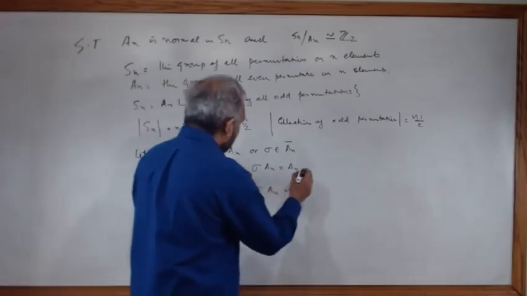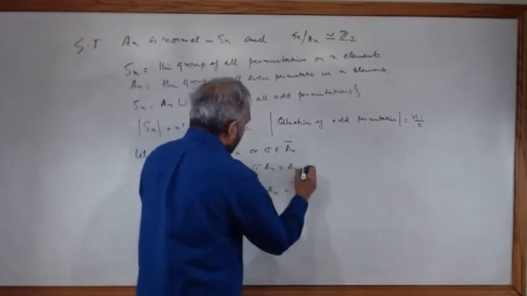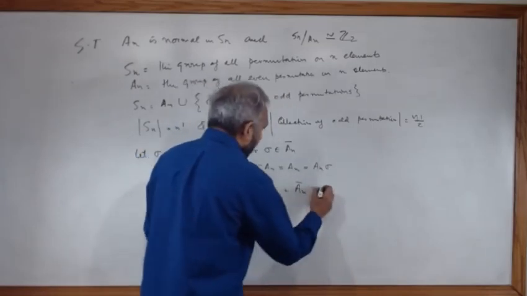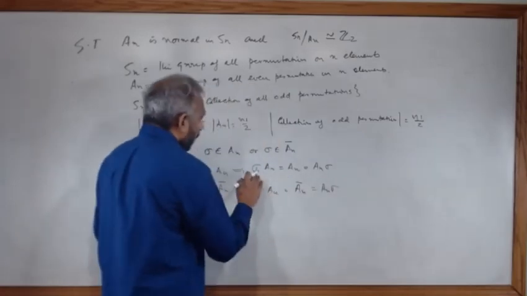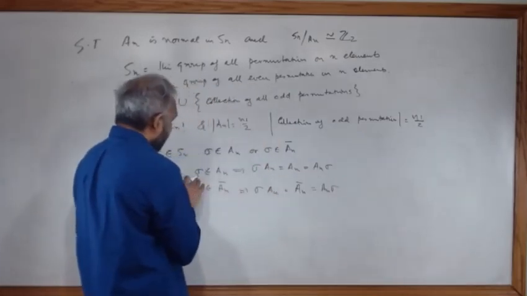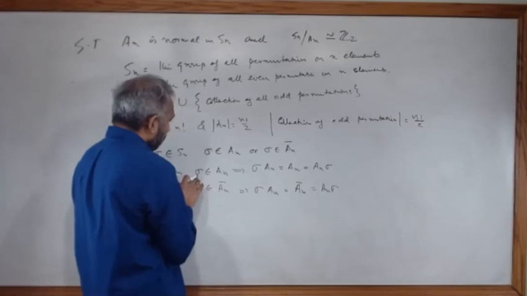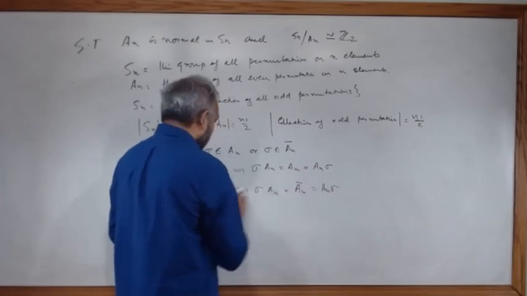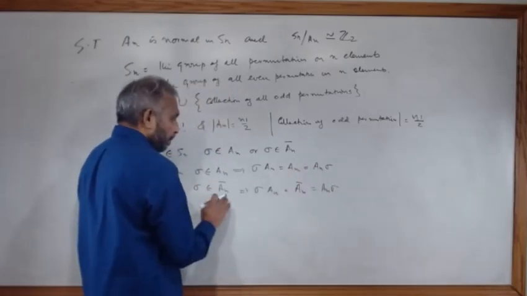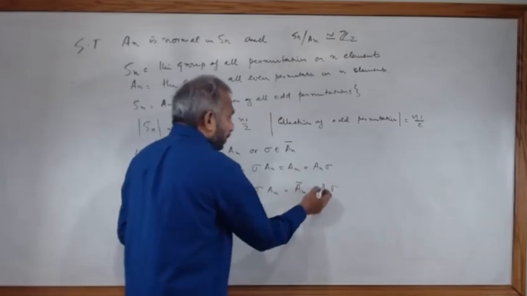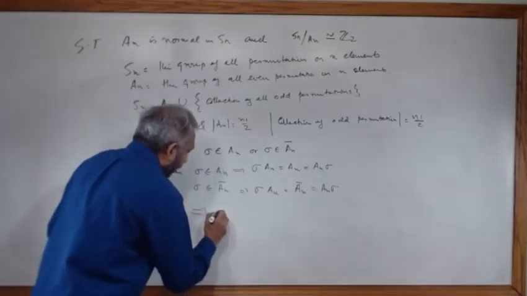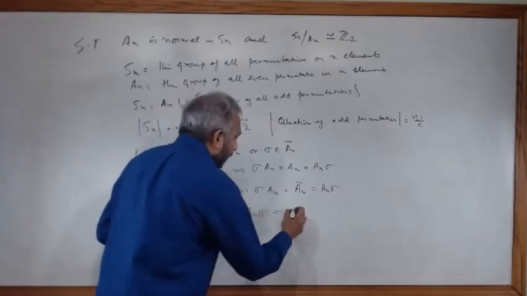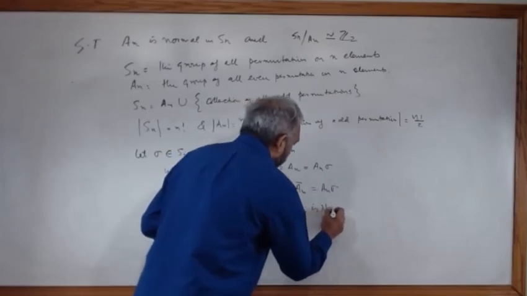And here, see, sigma An is also equal to An sigma, and here also this is equal to An sigma, because if you compose an even permutation with another even permutation, it's going to be an even permutation. When you compose an odd permutation with an even permutation, it's an odd permutation. So this implies sigma An is equal to An sigma, and that implies An is normal.